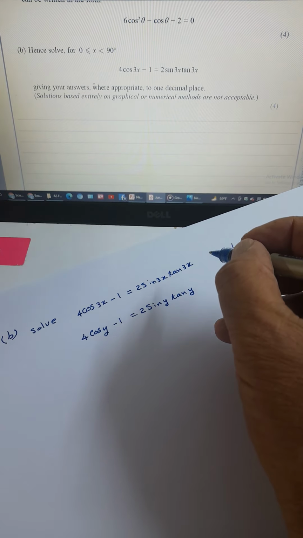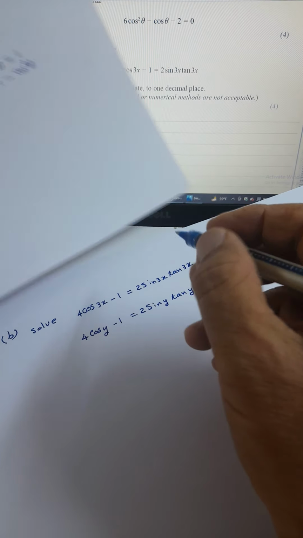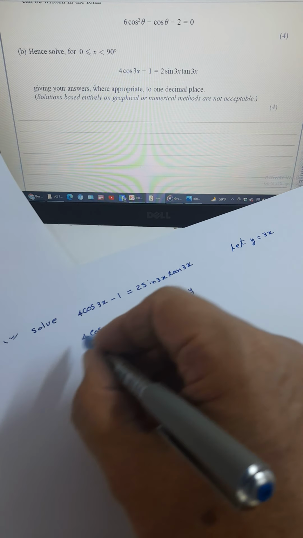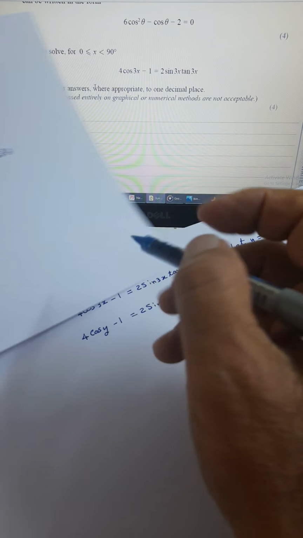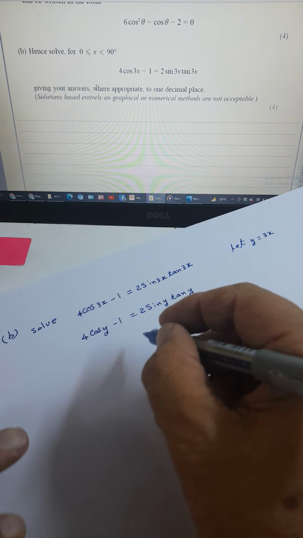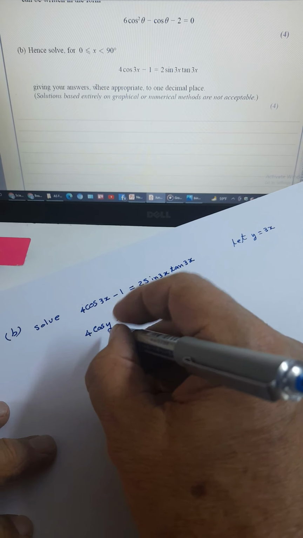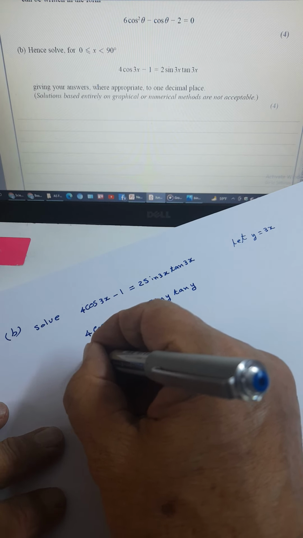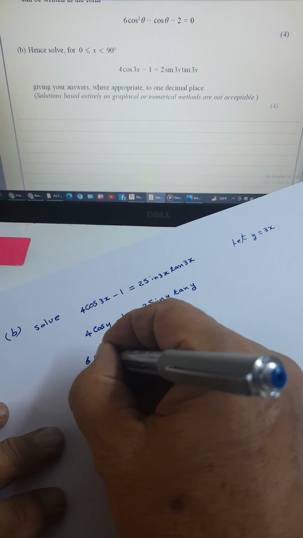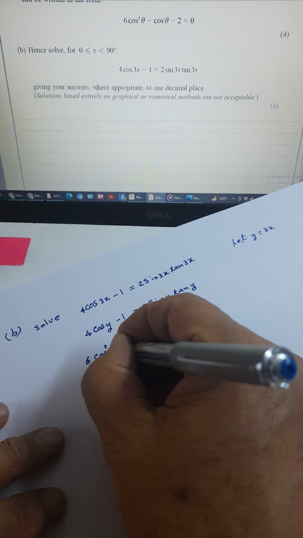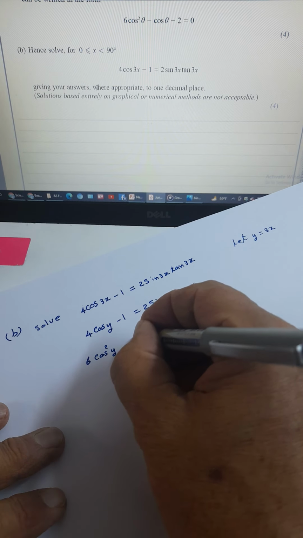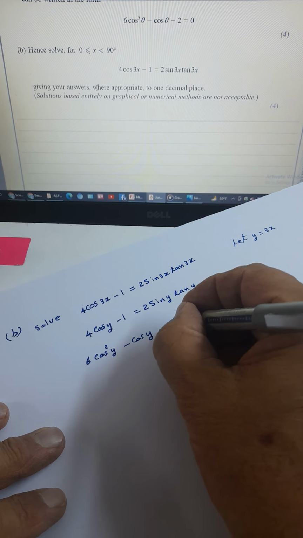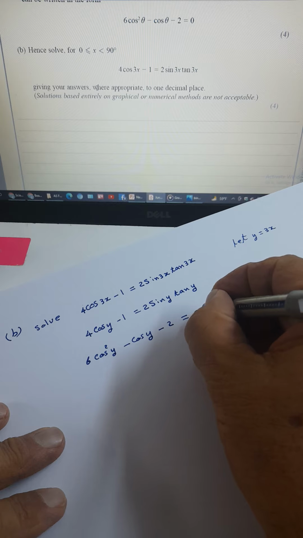We can use this result to convert this into the equivalent equation. So this equation can be written, according to our conclusion, as 6 cosine squared y minus cosine y minus 2 equals 0.